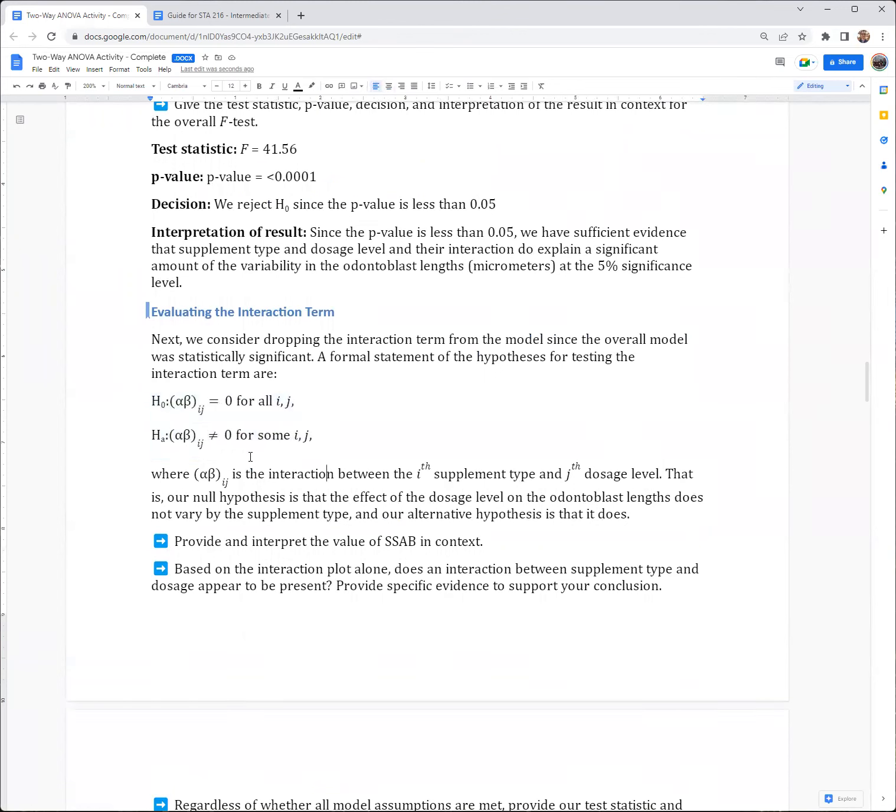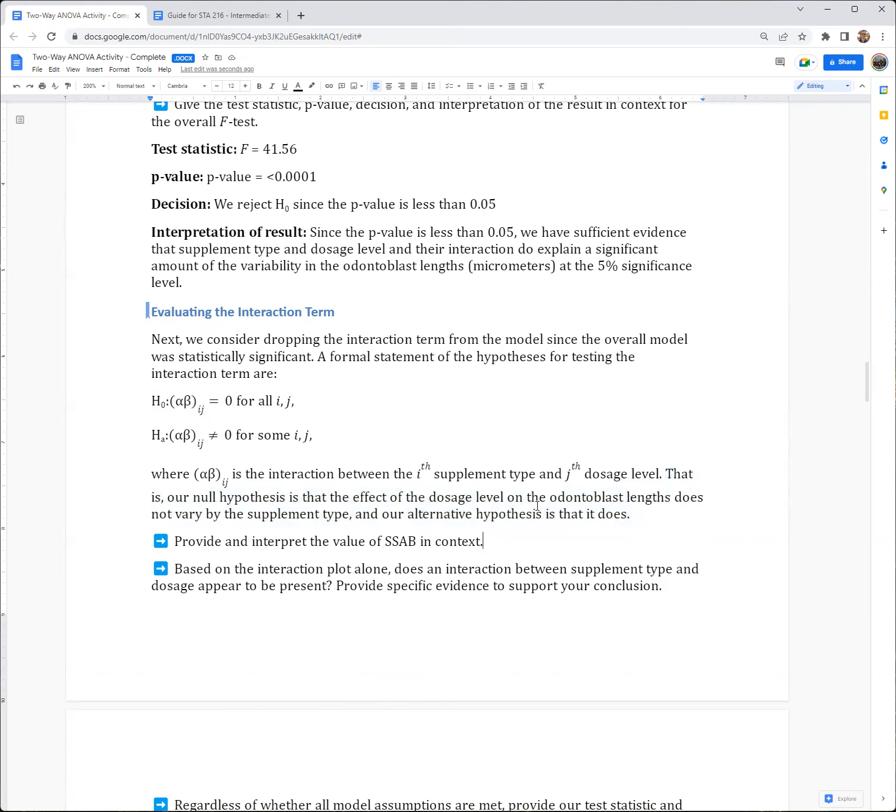And then we'll say where alpha beta IJ is the interaction between the ith supplement type, so I is indexing the supplement types, and the jth dosage level, J is indexing the dosage levels. This is using some Greek symbols, right? To say in words essentially what we're testing: that the effect of the dosage level on the odontoblast lengths does not vary by supplement type. We're seeing if that's true. If we have evidence that it does vary by supplement type, we're testing to see that.